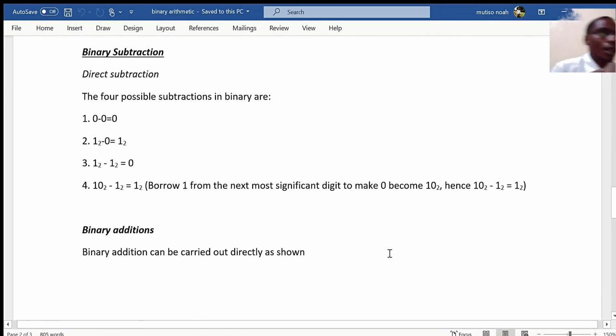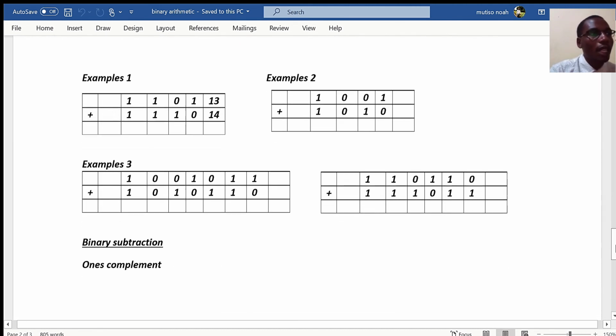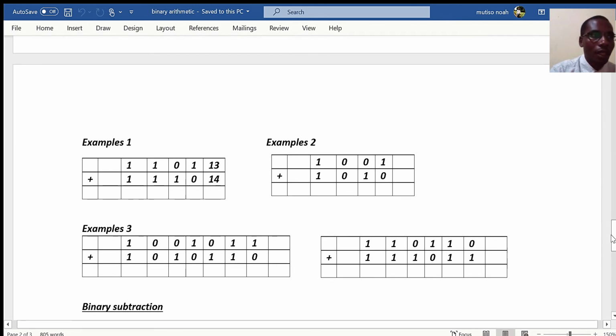Welcome. Binary additions. What do you do when you are adding binary? You add them directly. Let us see. We are adding this binary number which is above here to this one.